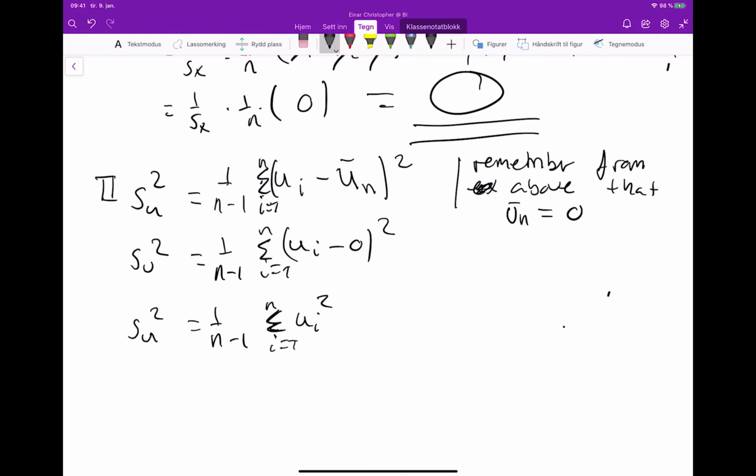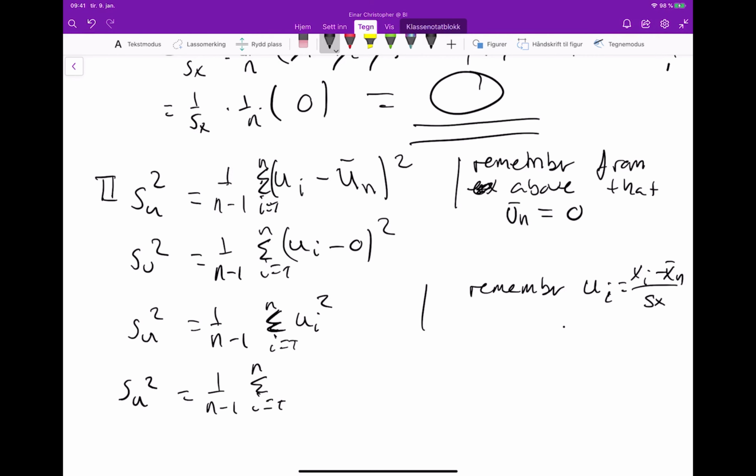So let's now use that, remember, ui is equal to xi minus x bar n divided by sx. So I replace this for ui and get xi minus x bar n divided by sx in the power of 2.